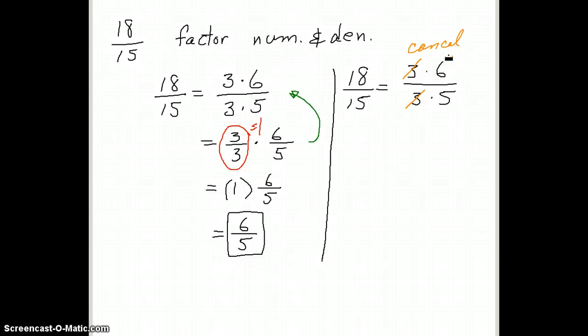So I'm going to cancel factors, and I'm left with 6/5. At this point, pause and go back to your book and try some of the concept questions.